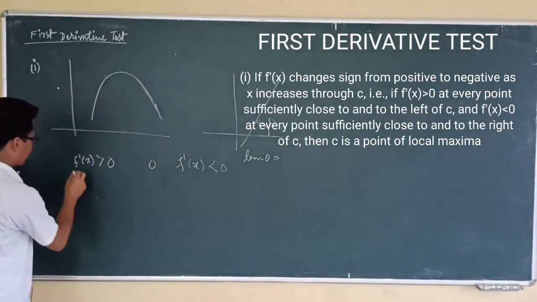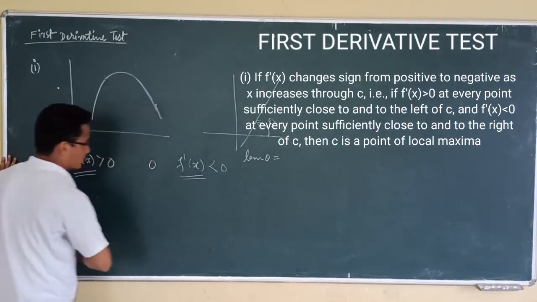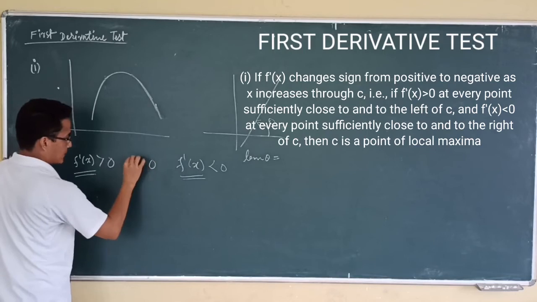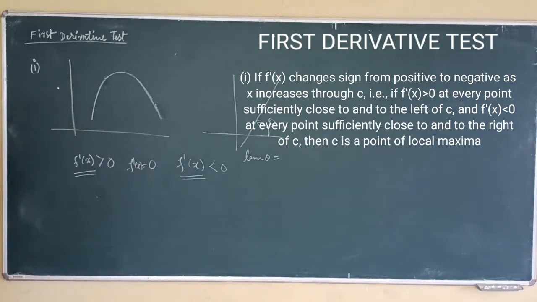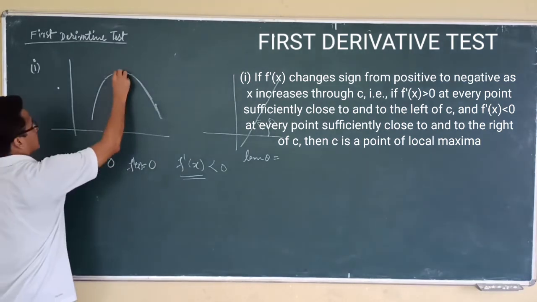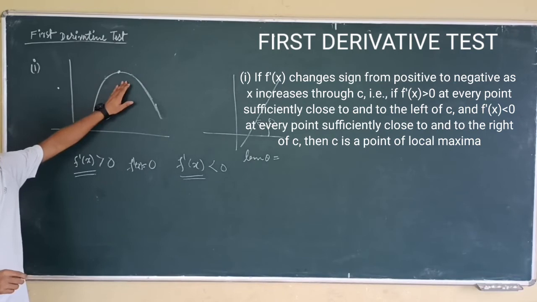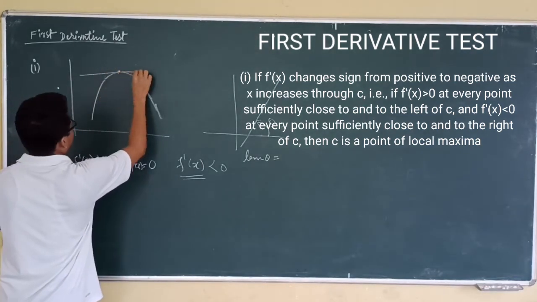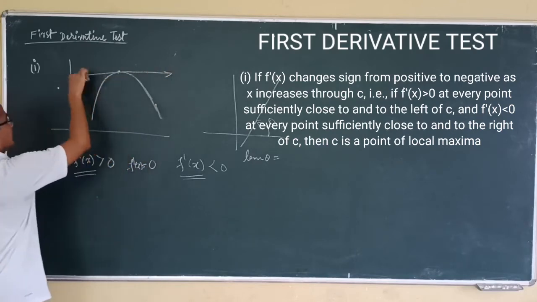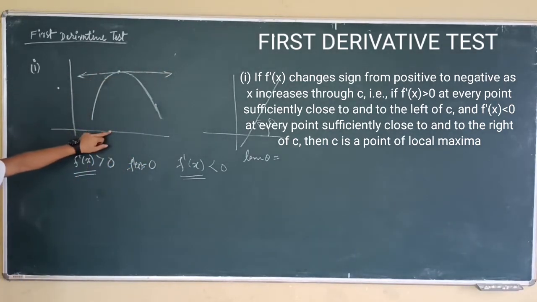Let's see, f dash x means what? Slope. F dash x means slope, dy by dx, and here it is 0. So you know this is the critical point. At that critical point, if you draw the slope in this way, then it is parallel to the x-axis.